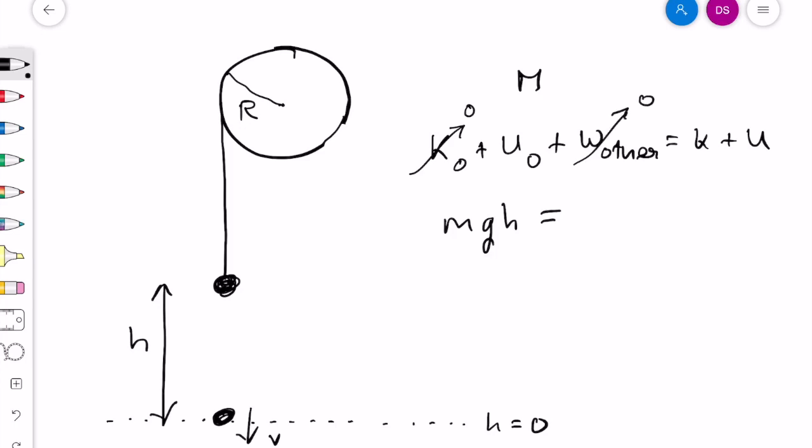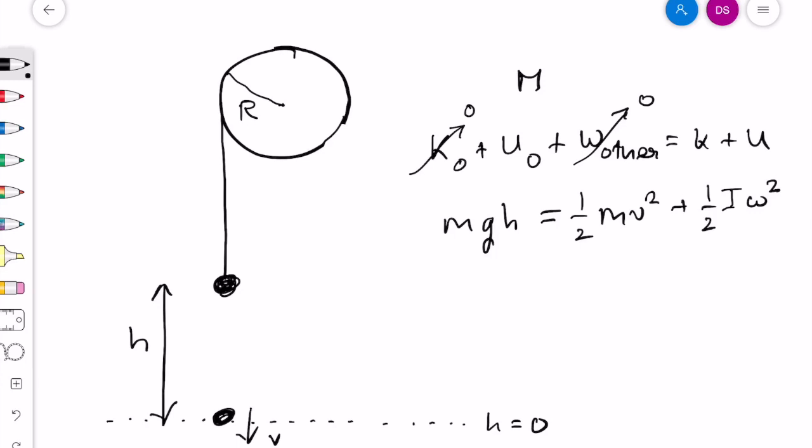All right. Now, when the stone has reached the bottom, what is its kinetic energy? Its kinetic energy is half little m v squared. Okay. But now the pulley is also rotating. So the pulley has rotational kinetic energy, and the formula for rotational kinetic energy is half I omega squared, right?